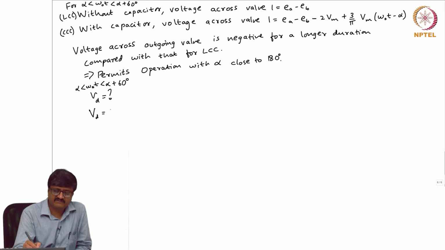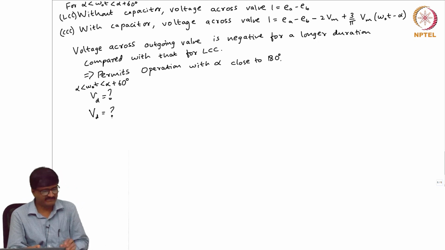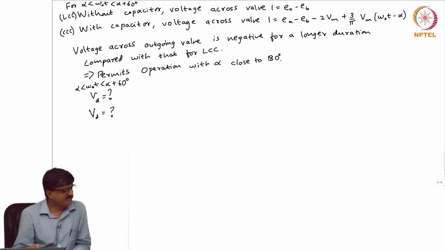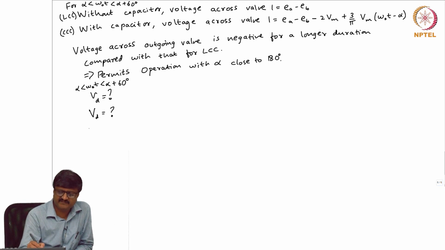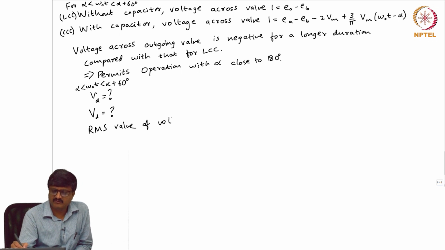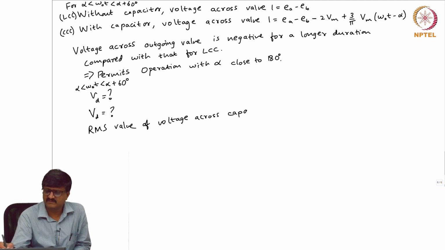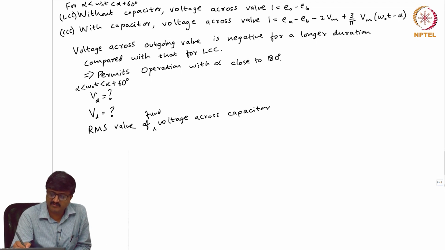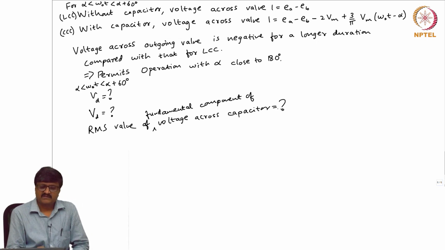I would suggest that you please try to get these things. There are a few other things which are very easy. Also try to get the expression for the RMS value of the voltage across the capacitor, to be precise, the RMS value of the fundamental component of the voltage across the capacitor.